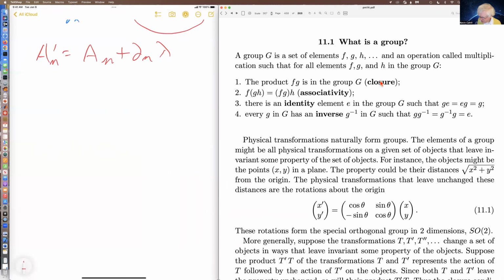A group is a set of elements and an operation. The operation is called multiplication, but it could be addition. It's an abstract operation.